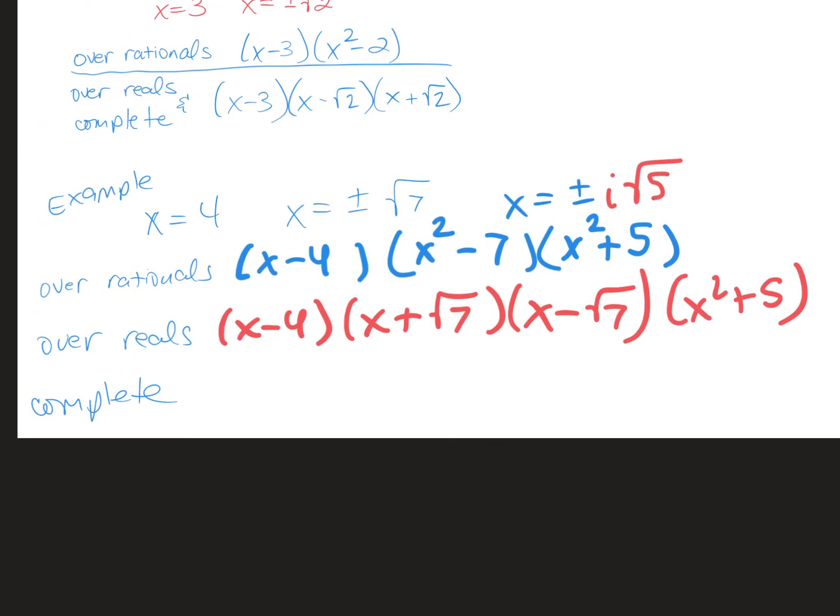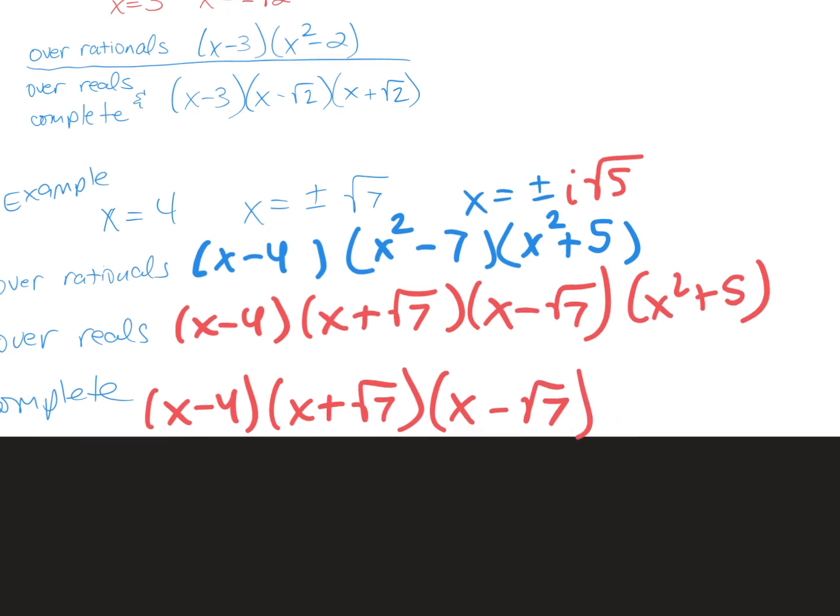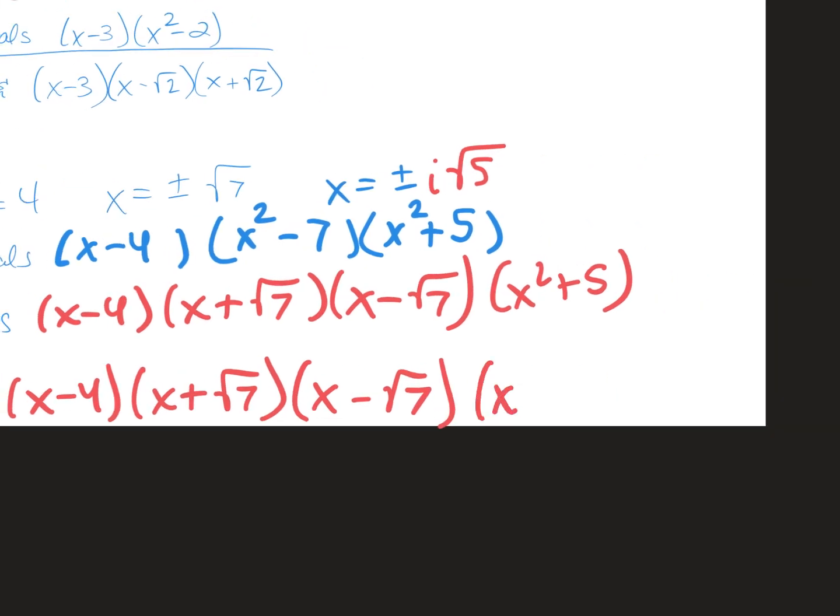Correct. What is my complete going to look like? X minus 4, then what? X plus root 7, x minus root 7, and then what? X plus i root 5, and x minus i root 5.